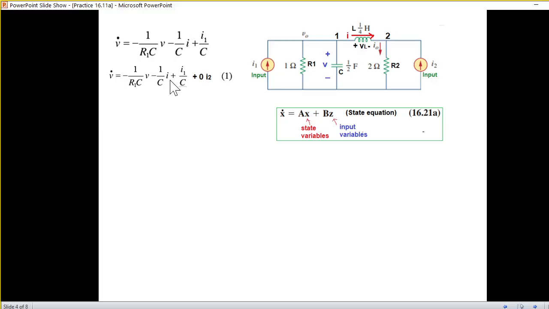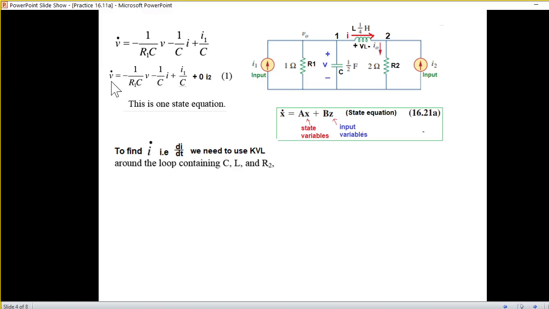The second term is in terms of I, that is also fine. In the BZ term, Z is the input variable, and our input variables are I1 and I2. In the upper part, only I1 is given, I2 is not, so to complete the equation, we'll write 0 multiplied by I2. So this is our complete equation, and this is one of the state equations, the first one.